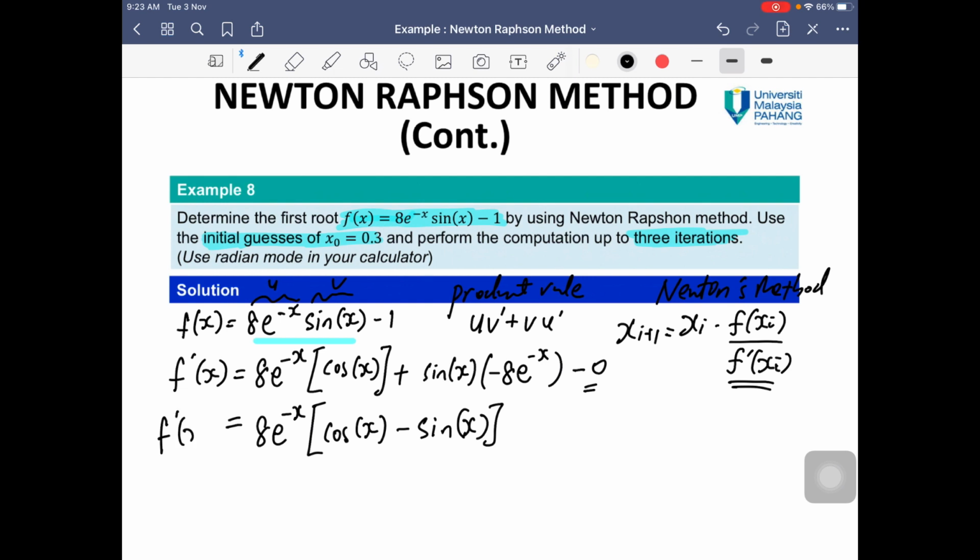So this is my f'(x). Okay, so this is what we need here. Then remember we are given our x0 equal to 0.3. Alright, let's start our first iteration.